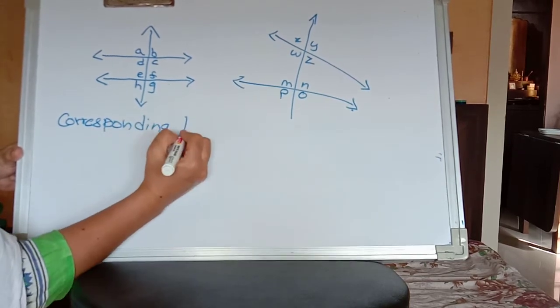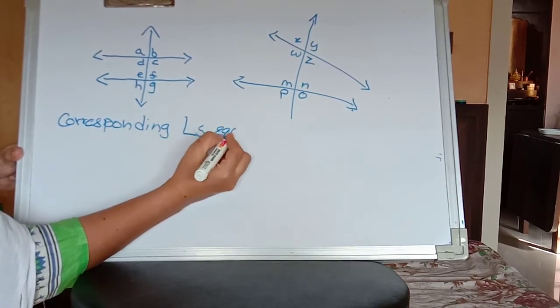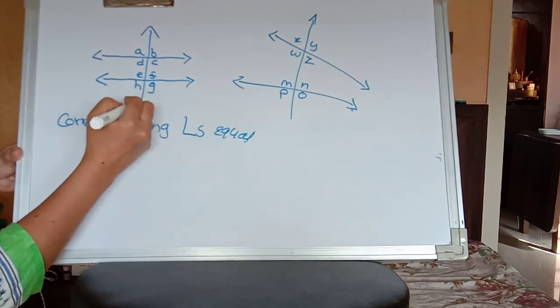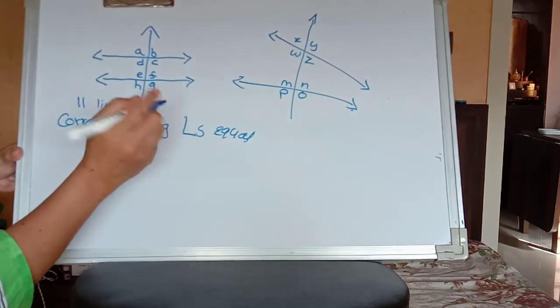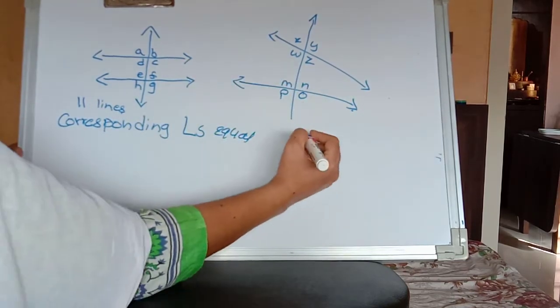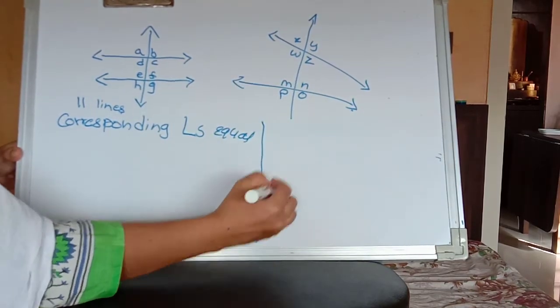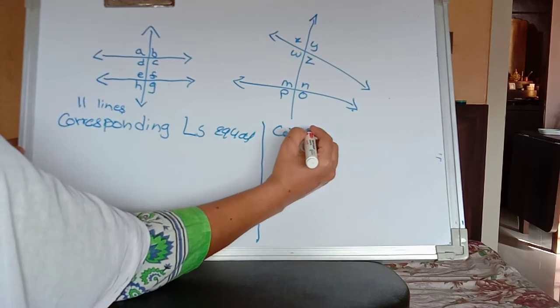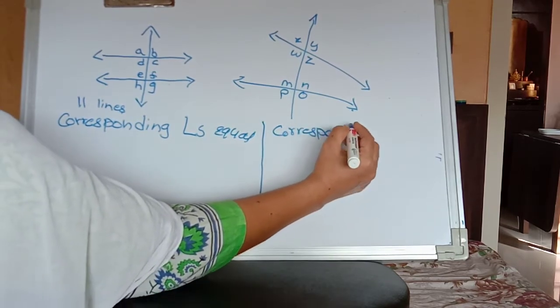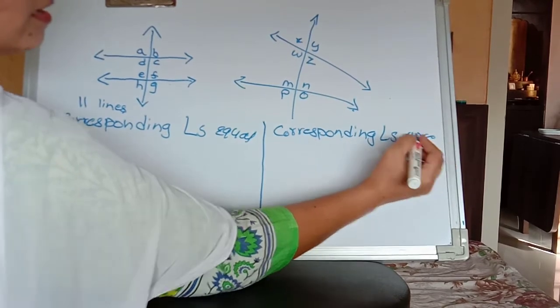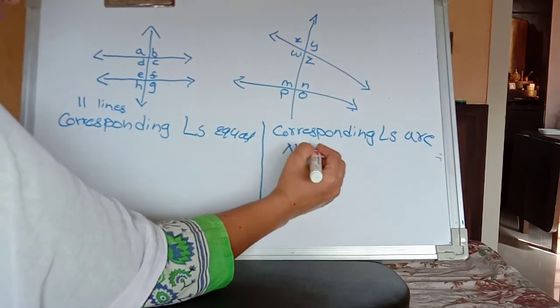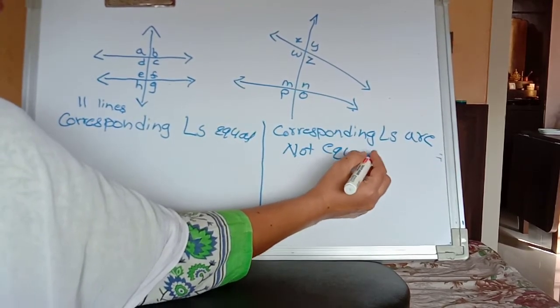Corresponding angles are equal if the lines are parallel. If the lines are not parallel, then corresponding angles are not equal.